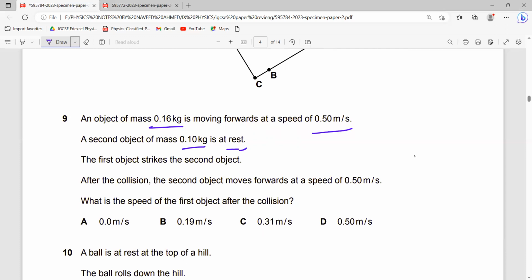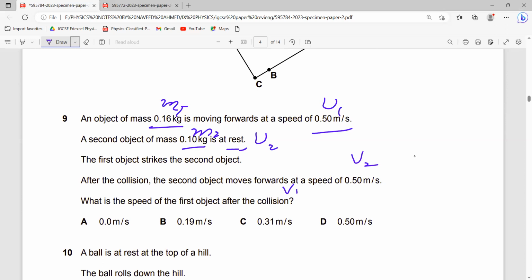We take this as m1, this is u1, the initial speed of the first body, this is m2, and this is u2, the initial speed of the second body. The first object strikes the second object. After the collision, the second object moves forward at a speed of v2. You have to find the speed of the first object after collision, meaning you have to find v1.